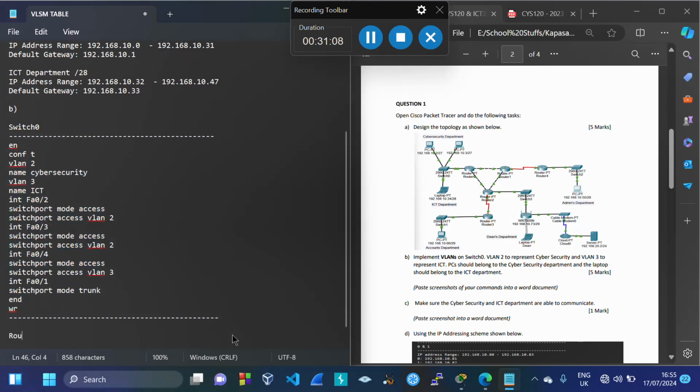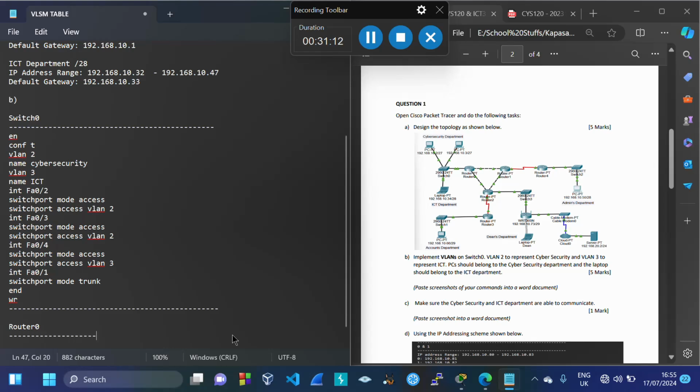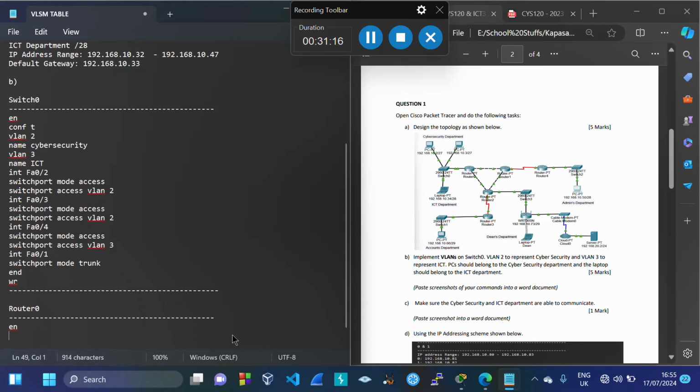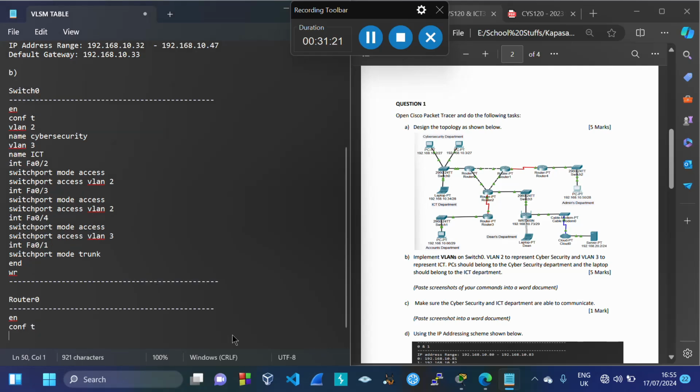So I'll say router, we are targeting router 0. Once I'm in the router, the first thing again, I'll say en, conf t, which I've explained already. Now we need to target the main interface, which is int for interface FA1/0 from the router connecting the switch.